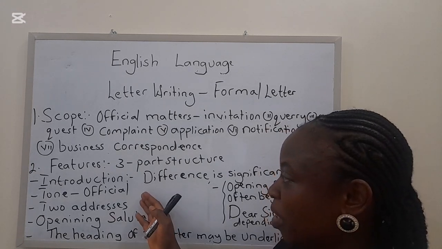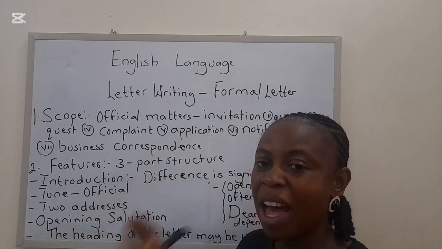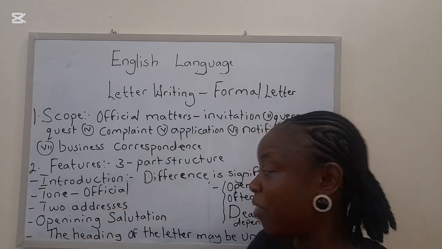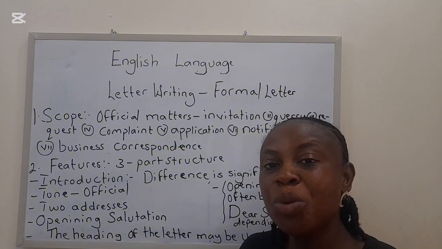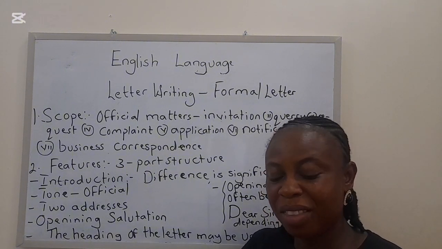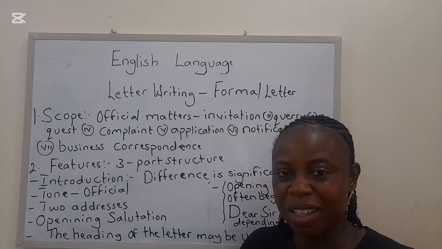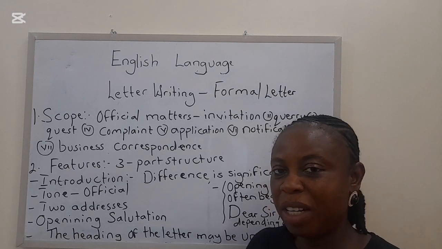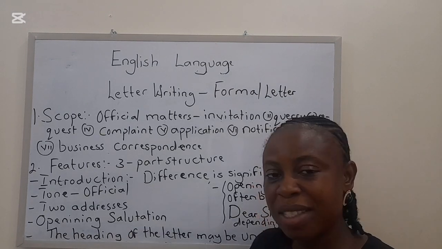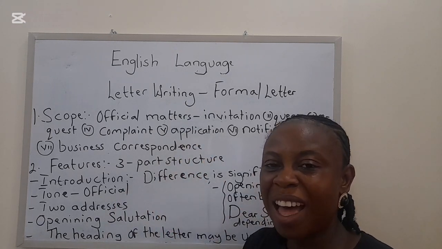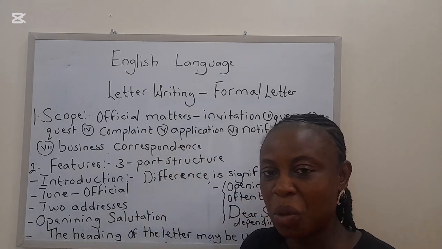Also, in the introductory part, we have the address. Remember, in the informal letter we only have one, but for the formal we have two addresses: the writer's address and the recipient's address. The recipient is the receiver of the letter. So two addresses, one at the right hand corner and the other at the extreme left hand corner.